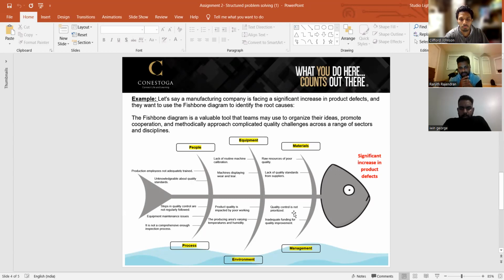And when it comes to management, which comes finally, quality control is not prioritized, though management should prioritize it, or there is inadequate funding for quality improvement, because if there is no fund for quality improvement, then automatically the products will be defective. I mean, these are not the reasons, these are all the factors that could affect the product quality.